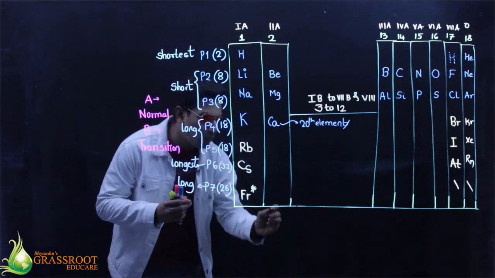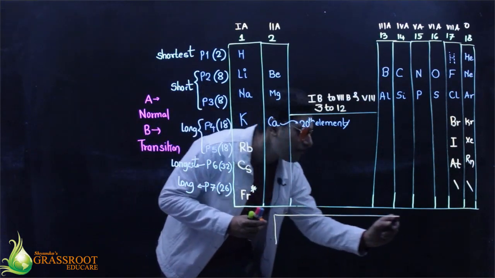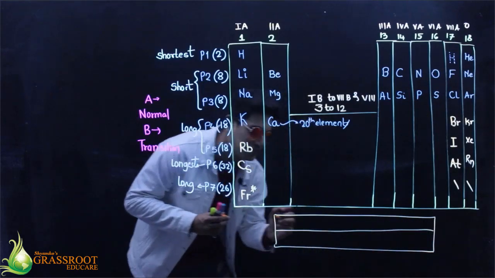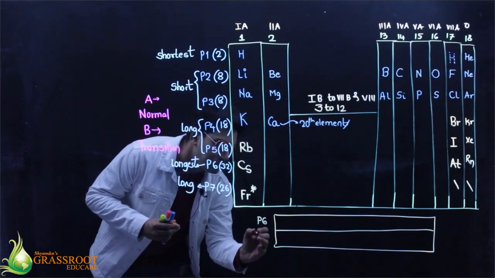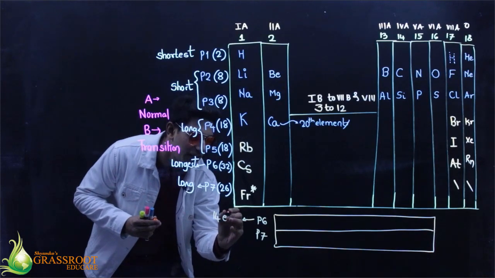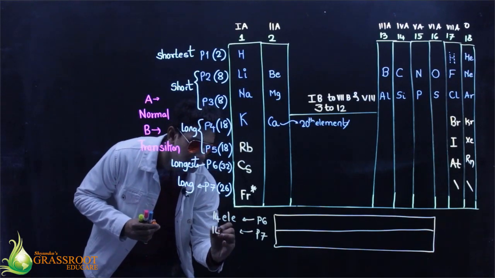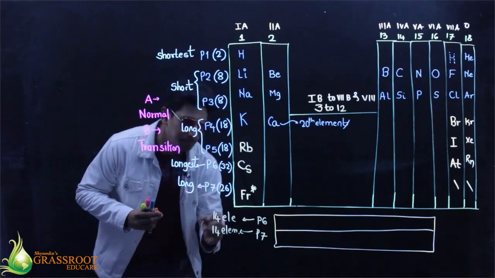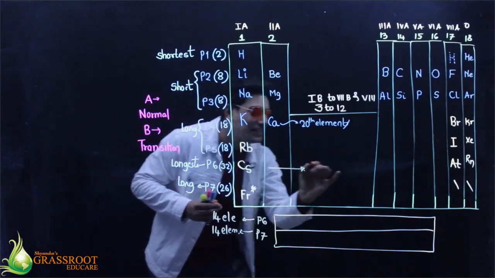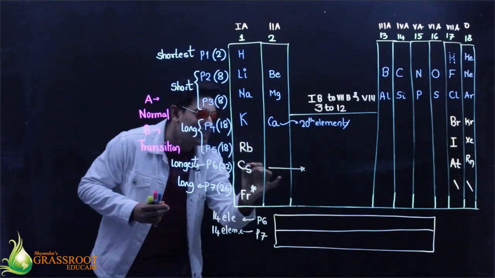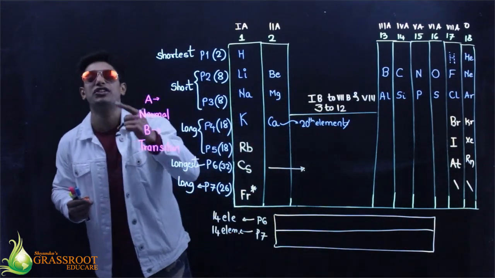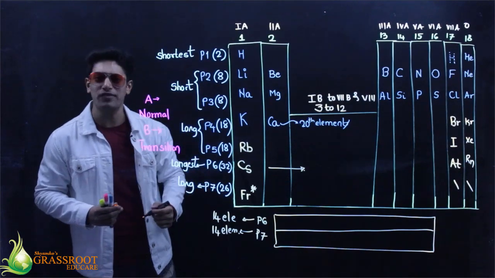Listen, at the bottom of the series, we have a continuation of period 6 and period 7, consisting of 14 elements each. So in this period there are 18 elements out here, and 18 plus 14 makes it 32. That's how you have 32.